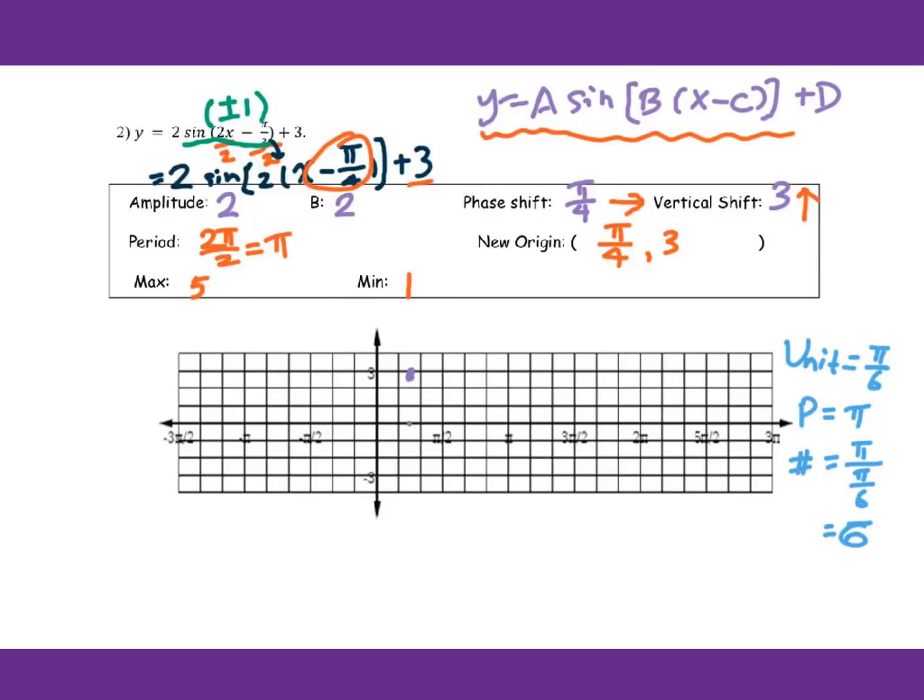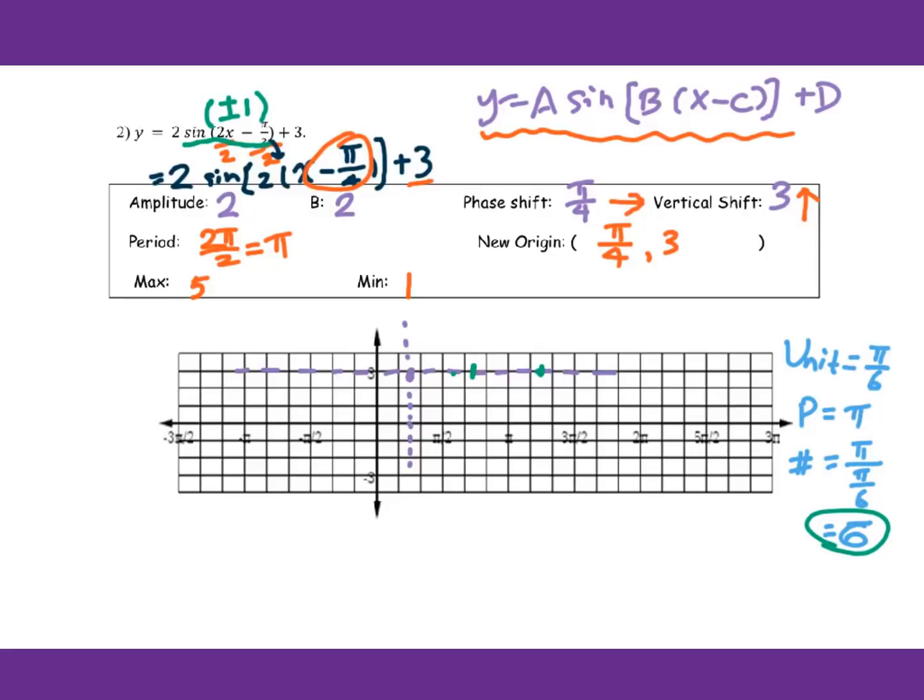Then let's create a new coordinate plane. Use these points. Then we need 6 units to create the 1 period. We got 1, 2, 3, 4, 5, 6 here. Half, that will be here.